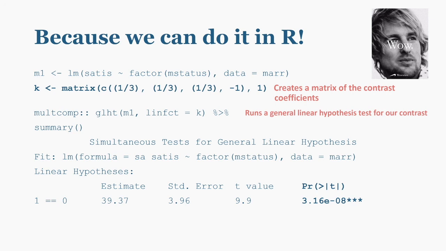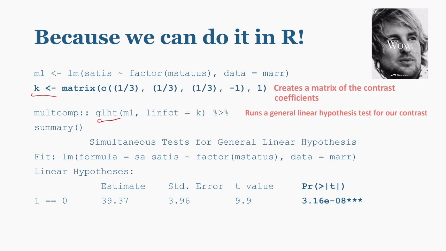This is done by assigning our regression equation to an object, and here we call it M1. Then we create the contrast matrix, the same one we used in our example, and assign that to object K. Then we use the glht function from the multcomp package to run a general linear hypothesis test on our contrast.